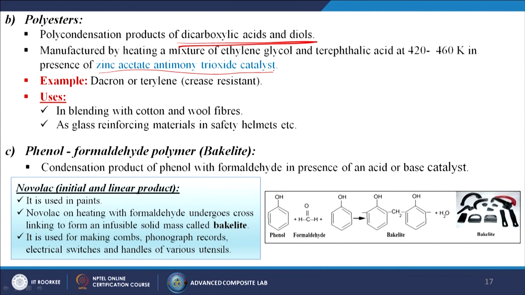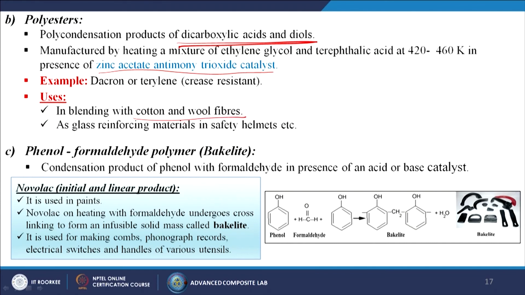Examples are dacron or terylene. Terylene is a material we generally use for suits or dress materials, and it is crease resistant. What is the use of this material? In blending with cotton and wool fibers, and as a glass reinforcing material in safety helmets.